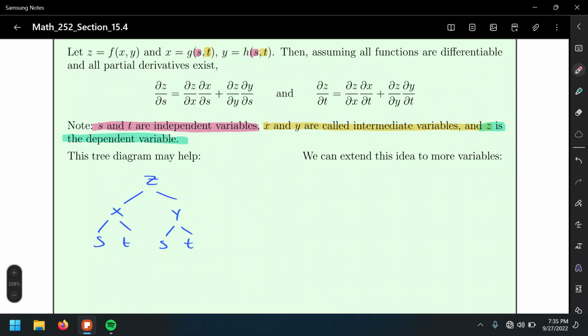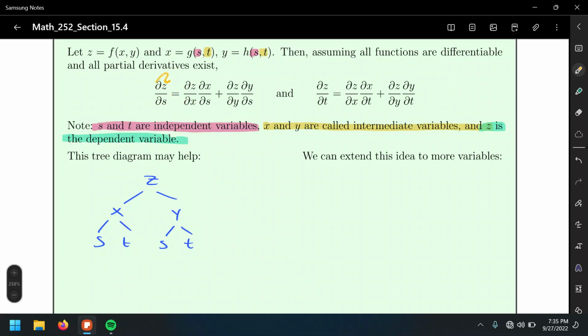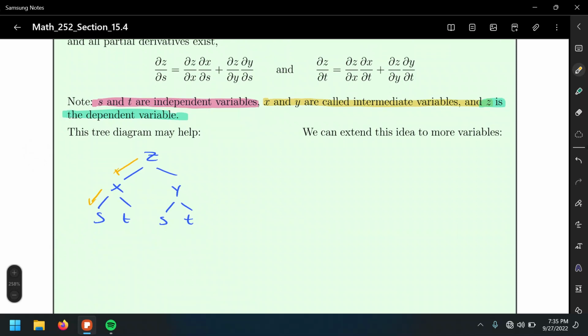So for example, if we start at z, if we go this way, well, let me use pen instead. To get the partial derivative with respect to s, we have to go first through x, and then from here go through the variable s. That is, the partial of z with respect to s is equal to first the partial derivative of z with respect to x times the partial derivative of x with respect to s.